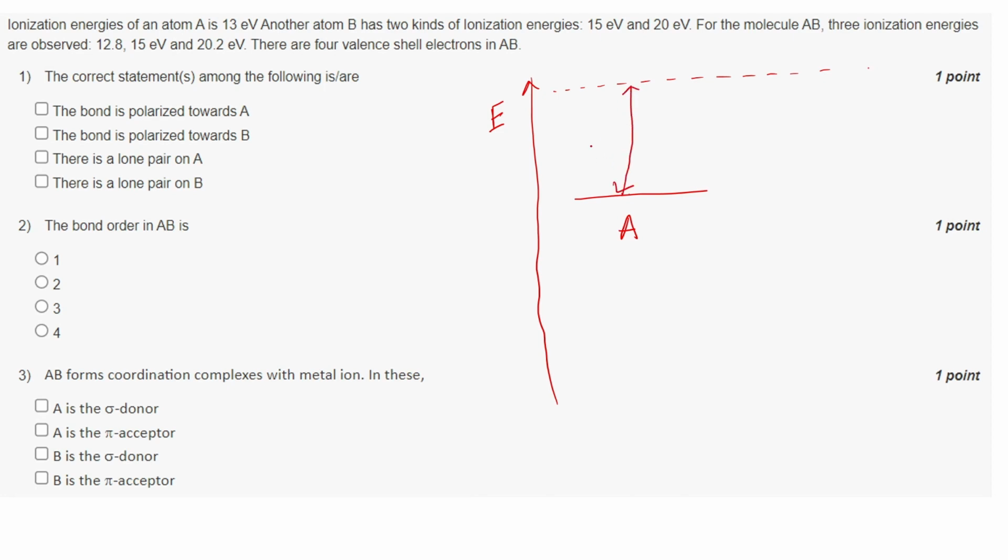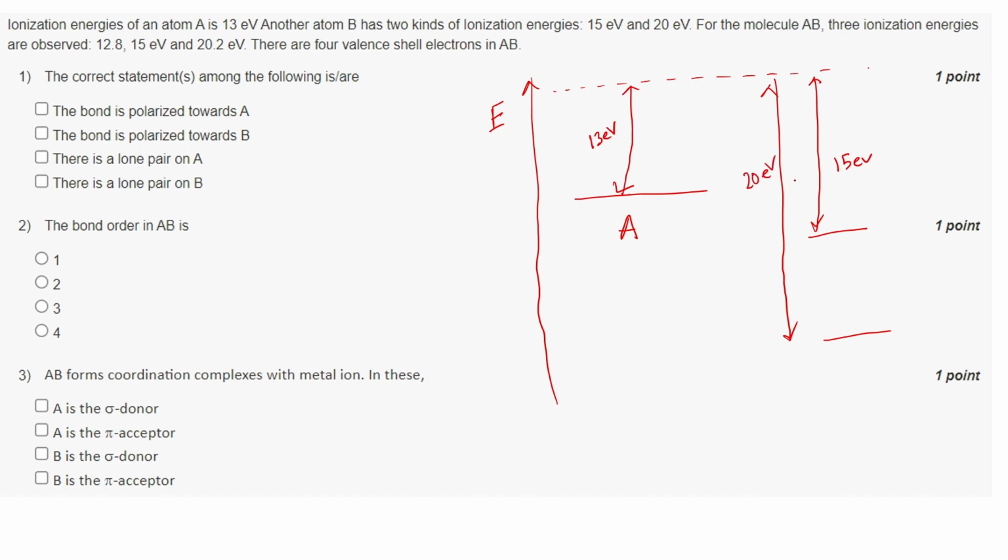Okay, so this energy is 13 electron volt. B has two kinds of energies. One is 15 electron volt, another is 20. If the ionization is 15 electron volt, then it has two orbitals which stay below A. Okay, so this is 15 electron volt and this is 20 electron volt.